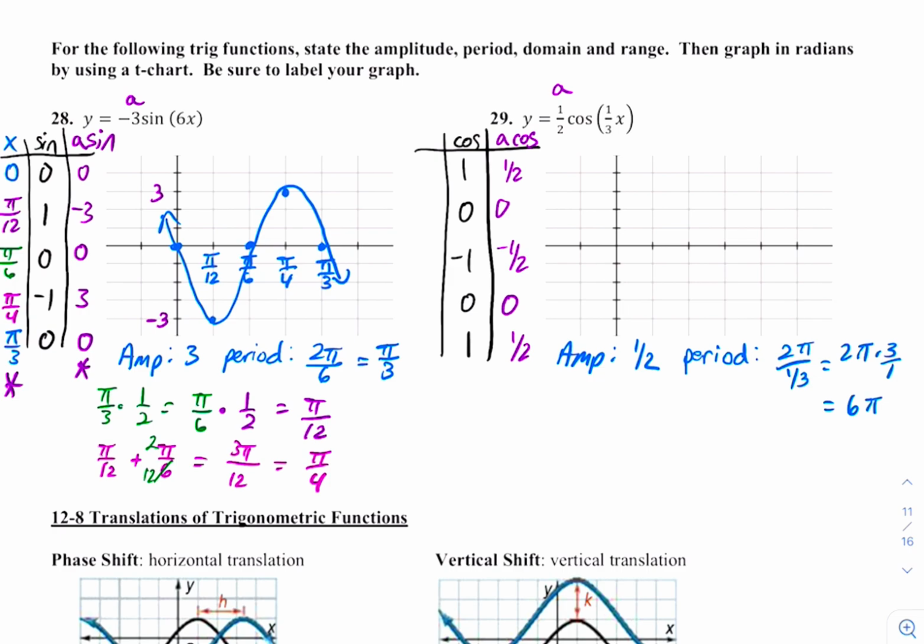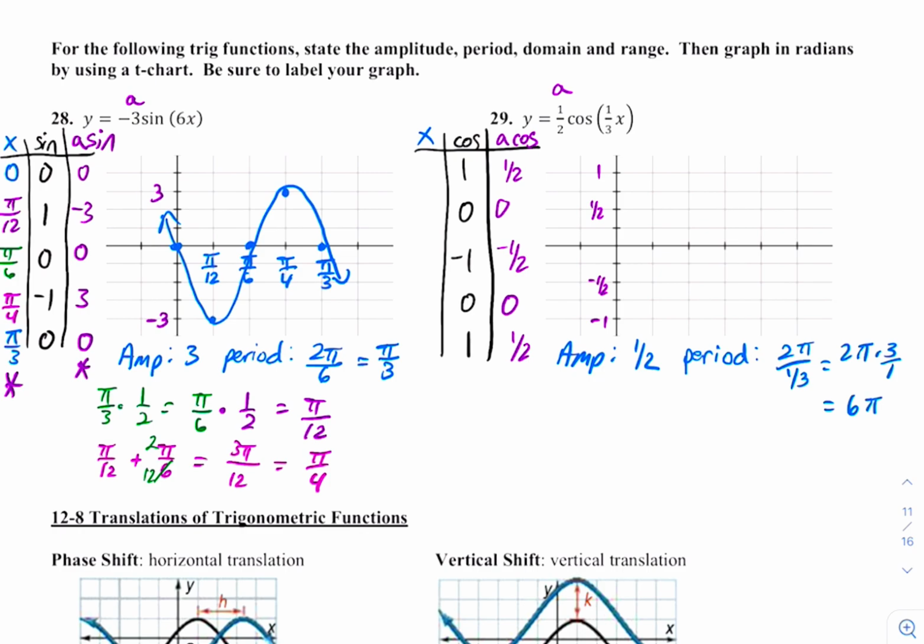So for my scale, I am going to count by fourths again. So this will be the 1/2, and up here will be the 1. And if you picked a different scale, that's fine, as long as you have it clearly marked. So I counted a little bit further just to get my wave in there a little bit nicer, but you don't have to pick that as the scale.